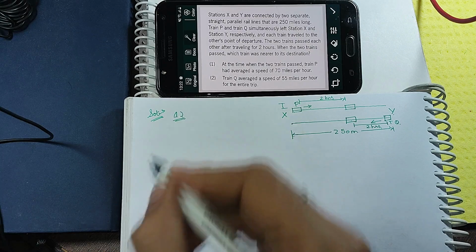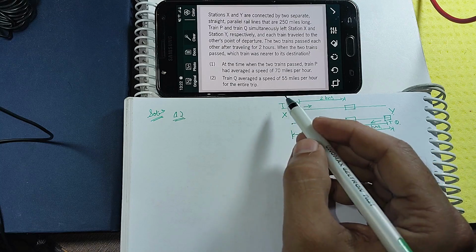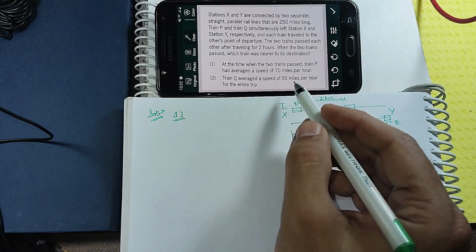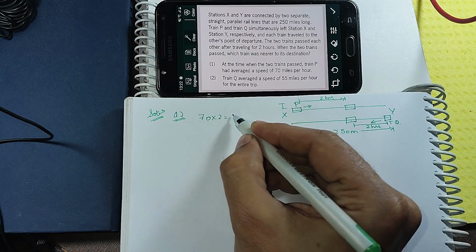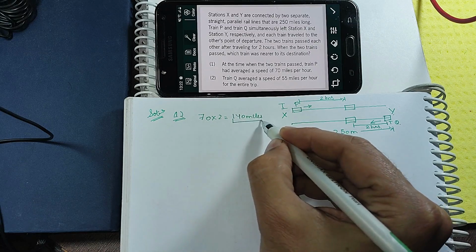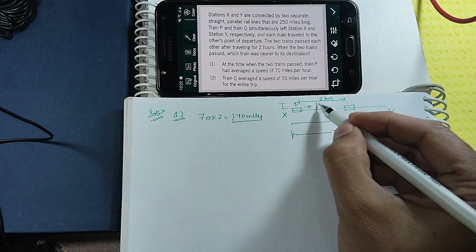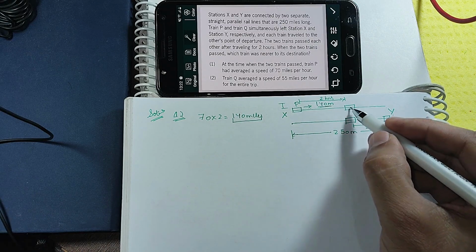Statement 1 tells me, at the time when the two trains passed, train P had averaged a speed of 70 miles per hour. So what does that mean? That means since both the trains have traveled for 2 hours and train P has averaged 70 miles per hour, 70 into 2 is equal to 140 miles. So it has covered 140 miles. So this distance is basically 140 miles, which train P has covered when they passed, right?